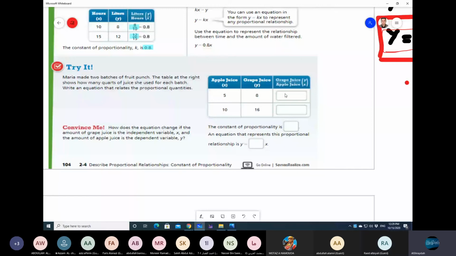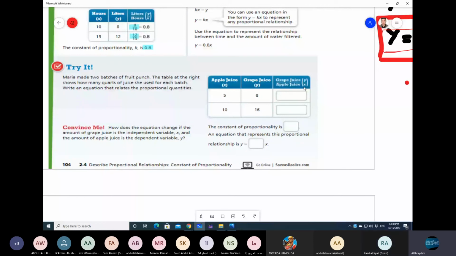Then what do you have to do? You have to divide. Divide which number by which number? What do you think? Y divided by x.